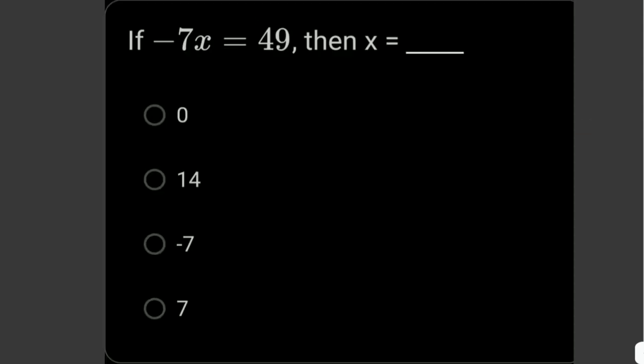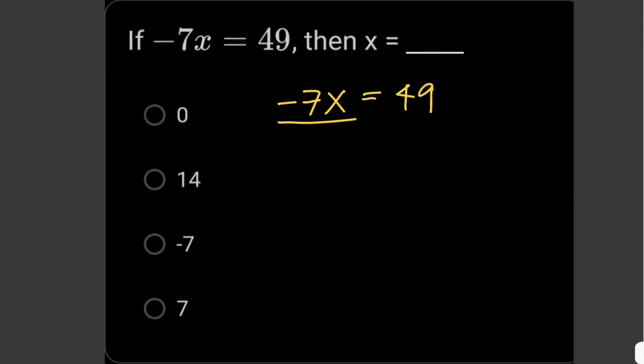If negative 7x equals 49, then x equals. Alright, now to solve this, we just have to isolate x by dividing both sides of the equation by negative 7.